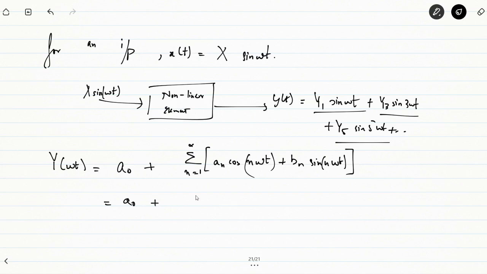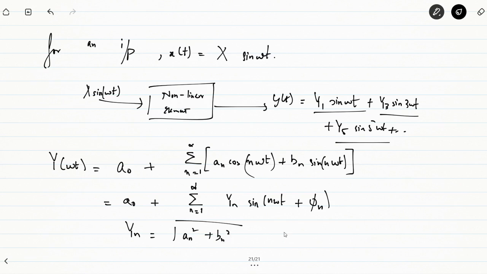a0 plus summation n equal to 1 to infinity of yn sin(n omega t plus phi n), where yn is the square root of an squared plus bn squared, and phi n is tan inverse of an by bn.